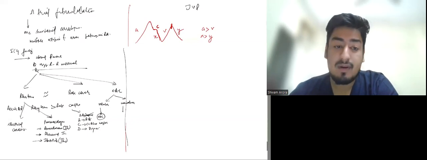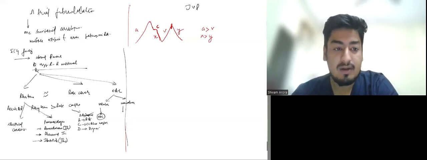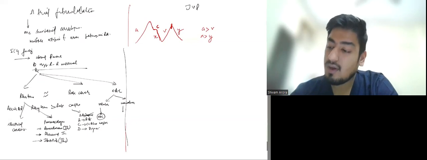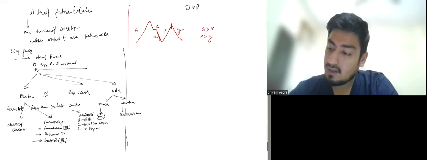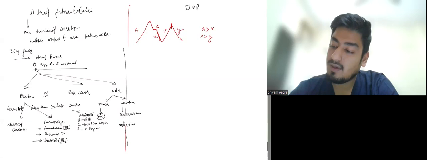In non-valvular AF, you have to decide on whether to give anticoagulation or not on the basis of CHA2DS2-VASc score. And here we can give NOACs, and NOACs and warfarin both are equivalent.